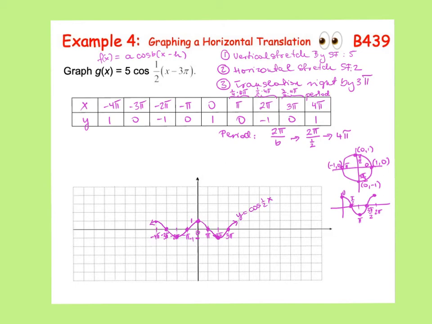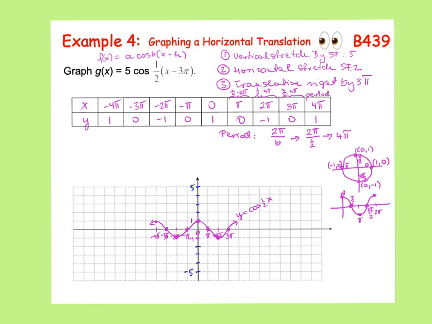So now what we need to do is a vertical stretch on this graph. So I'm going to stretch the graph vertically, and I'm going to use a blue color for that. So 2, 3, 4, 5. So here's 5, 2, 3, 4, negative 5.